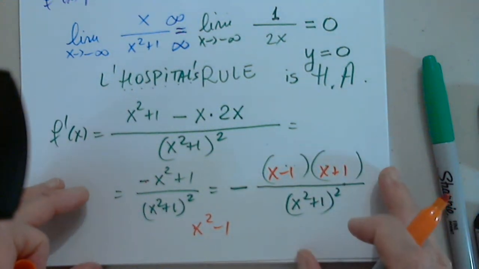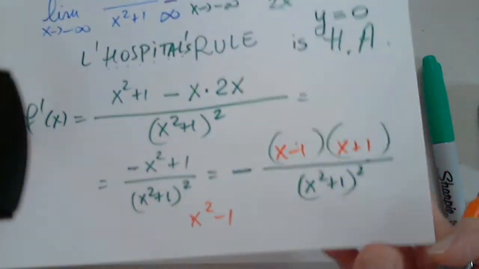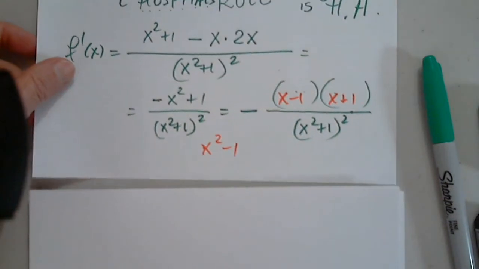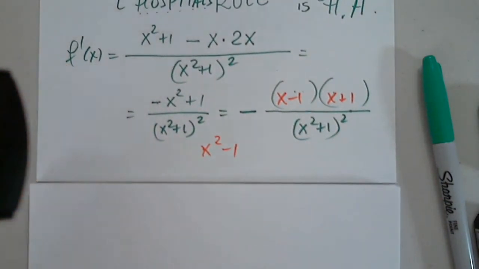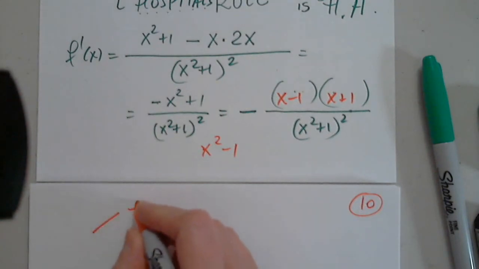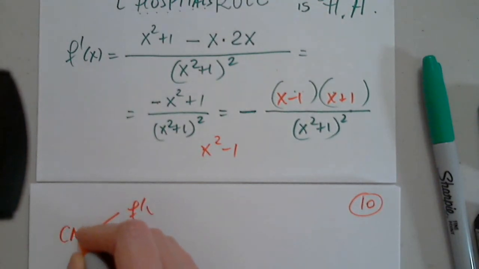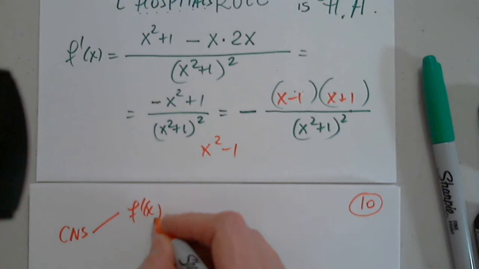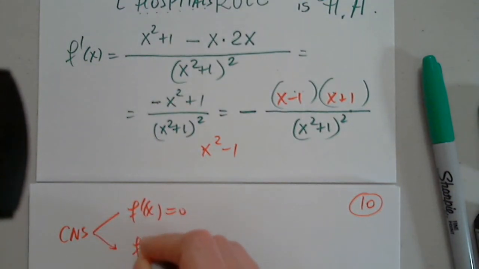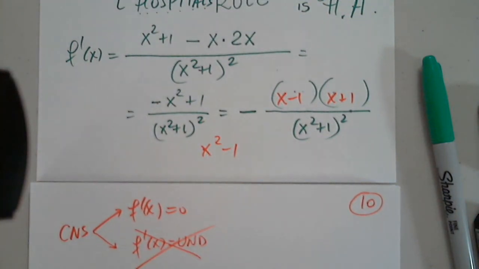Good. So now I have to study critical numbers, or determine if the function has critical numbers. Critical numbers from f prime being 0 or f prime being undefined. But there is no such thing. X squared plus 1 is never 0.